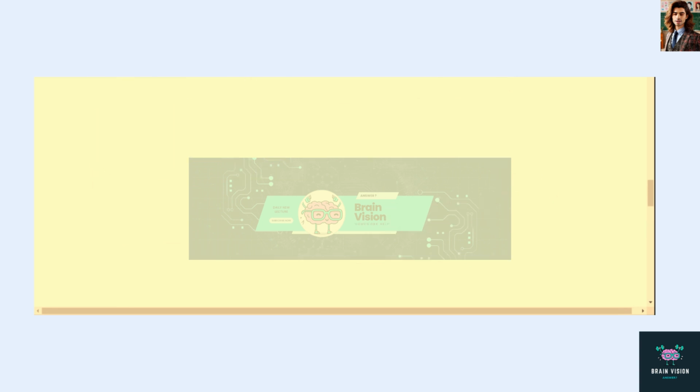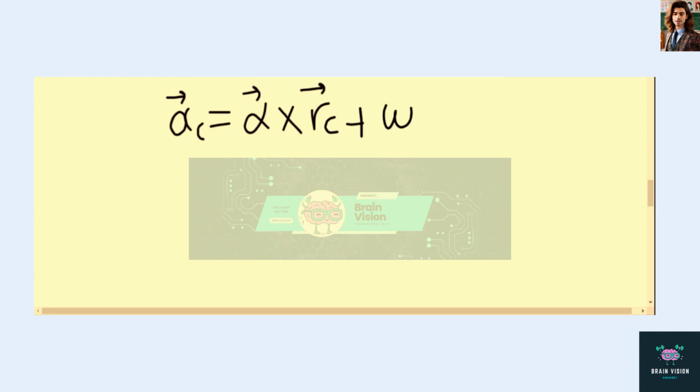And finally, for task C, we have to use this formula: cross product of the angular acceleration times position plus cross product of the angular velocity with the cross product.